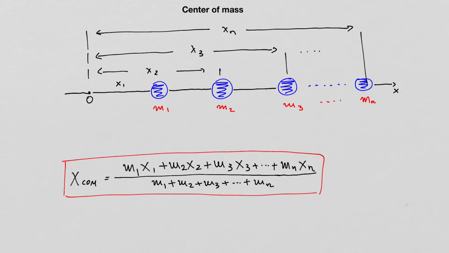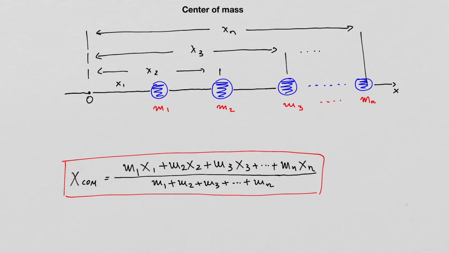So as you can see from this definition, the position of the center of mass is determined by, obviously, the masses of the particles, but also by the positions of these particles in space, which means that if the positions here are changed, then the terms in the sum will have different values compared to this particular configuration, which then will change the position of the center of mass of this system.